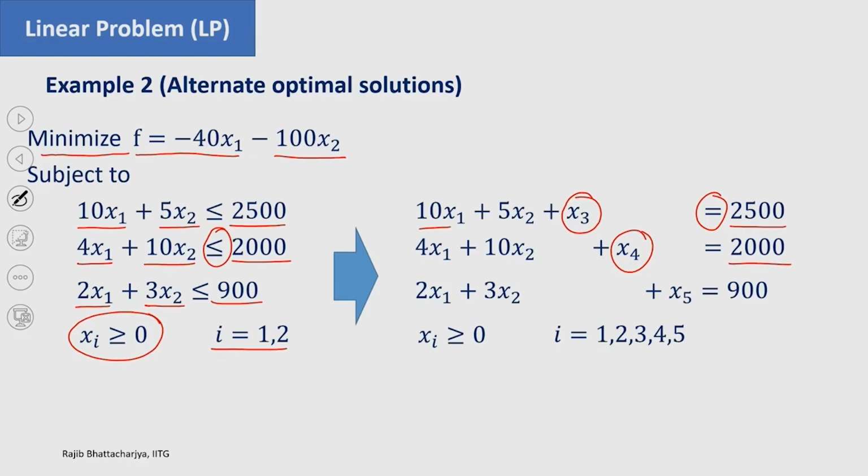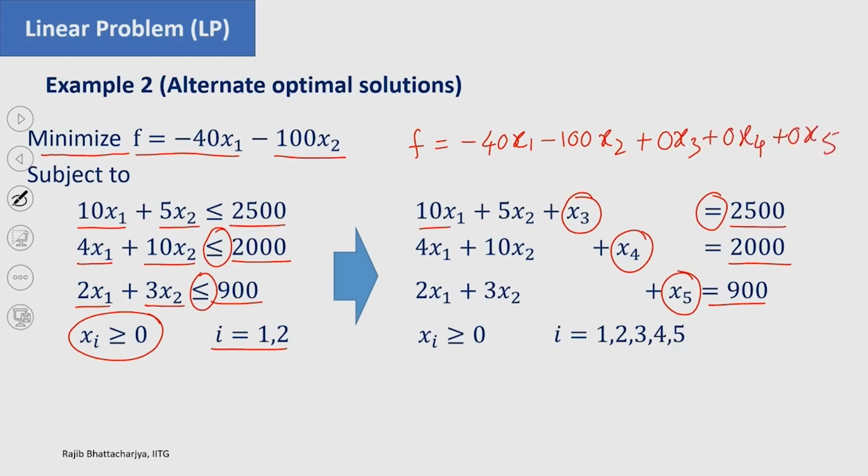And the third one, again it is a less than or equal to type. So, I have to put another slack variable and make it equal to 900. So, now this is in standard form. So, I can write the objective function here. This is minus 40 x 1 minus 100 x 2 plus 0 x 3 plus 0 x 4 plus 0 x 5.